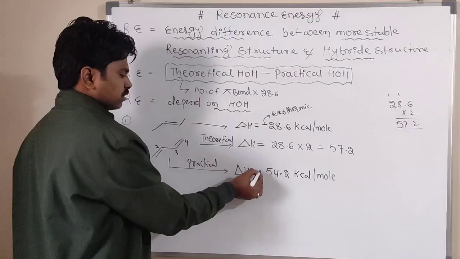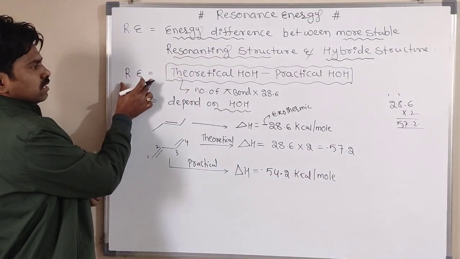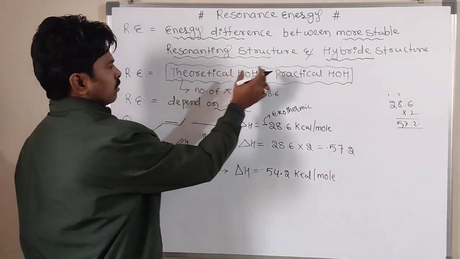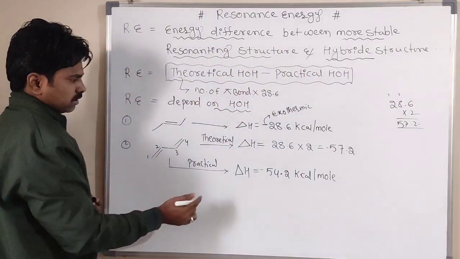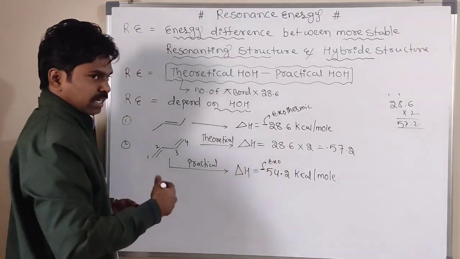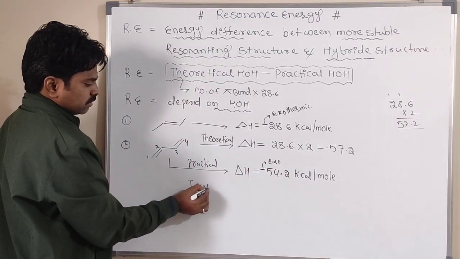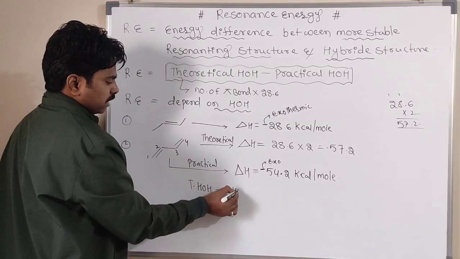This is also exothermic, but what is the resonance energy? Theoretical heat of hydrogenation minus practical heat of hydrogenation. The negative is an indication of exothermic; it is not a negative value.